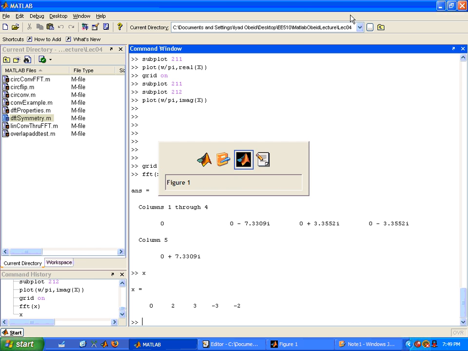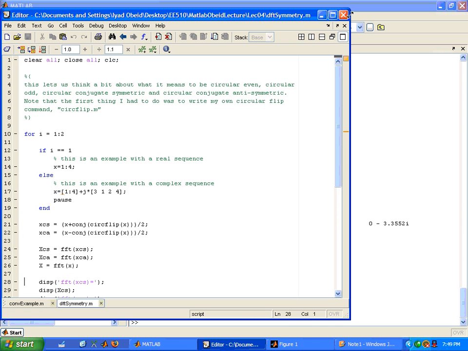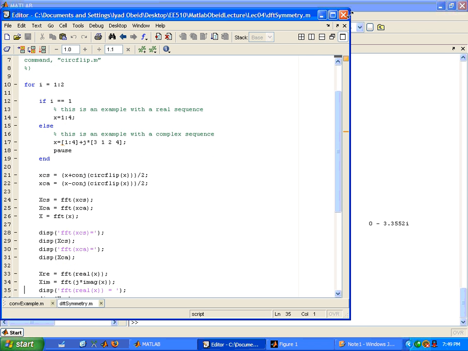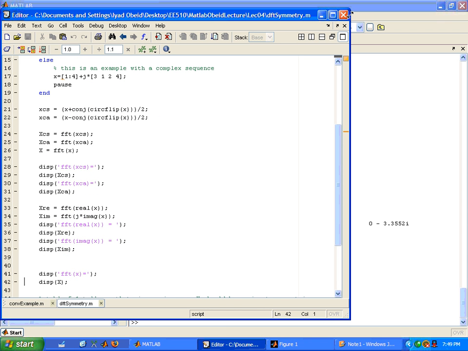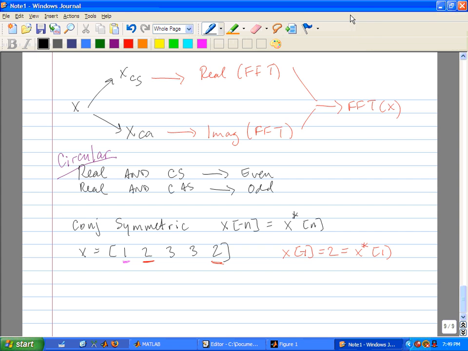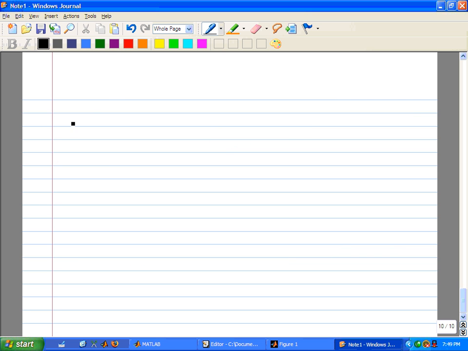Okay. What else are we going to pull out of this example? For any signal, we have two options. We can break it into conjugate symmetric and antisymmetric parts, or we can equivalently break it into its real component and its imaginary component.